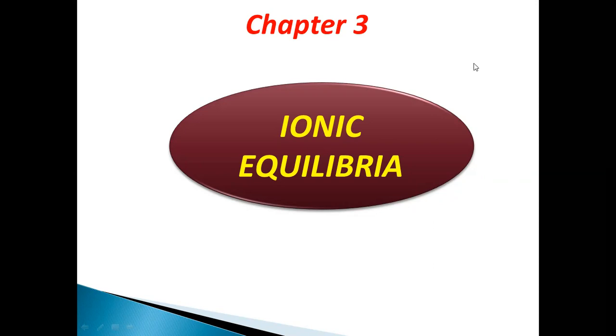So in terms of equation, we can write: alpha, that means degree of dissociation, is equal to the square root of Ka upon C, or in terms of volume, alpha is equal to square root of Ka into V, right? This is the equation for Ostwald dilution law for weak acid.